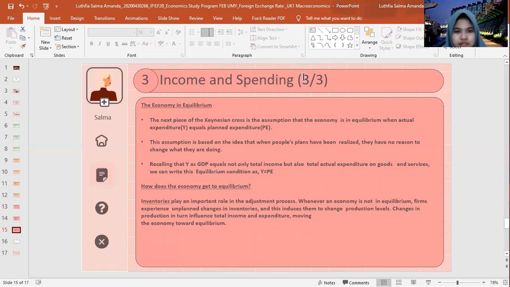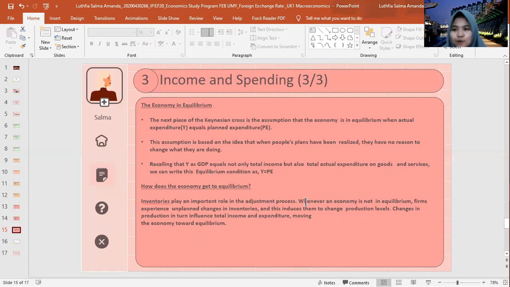And this is about the economy's equilibrium. You can read it. How does the economy get to equilibrium? Inventories play an important role in the adjustment process.